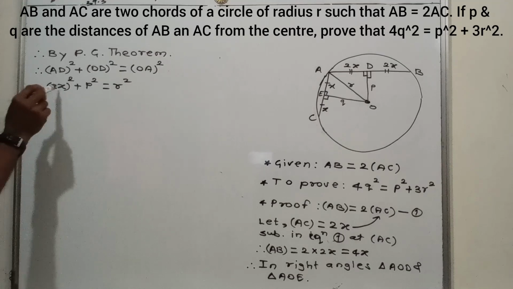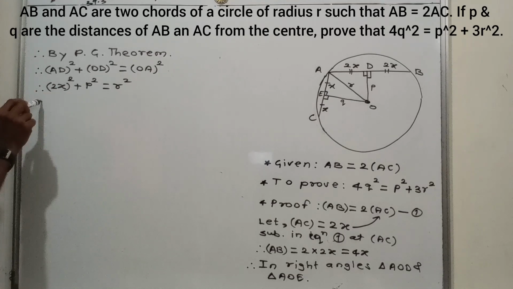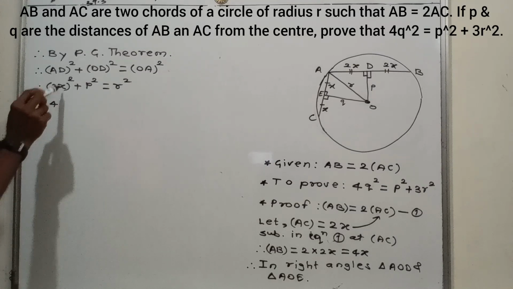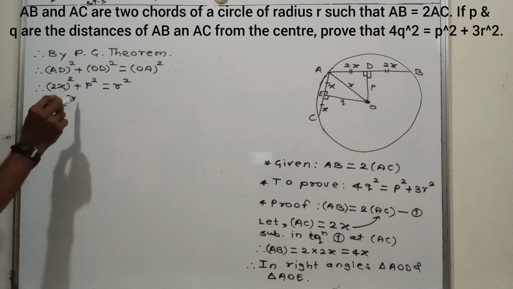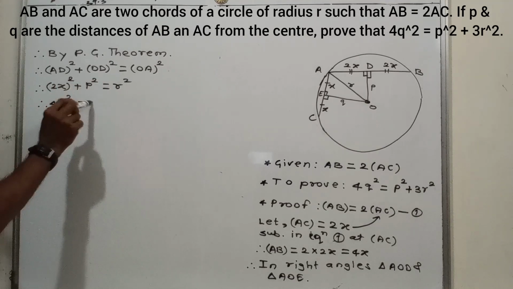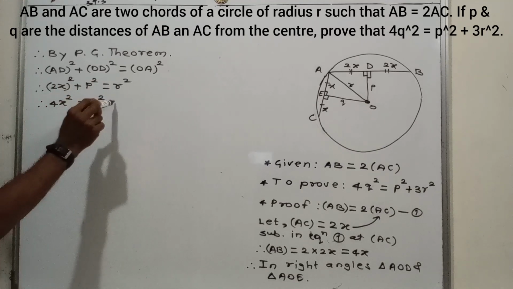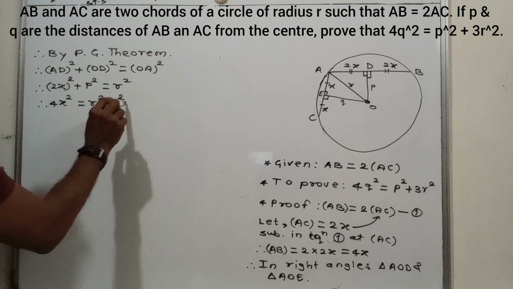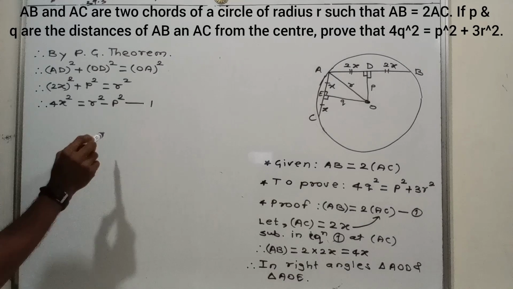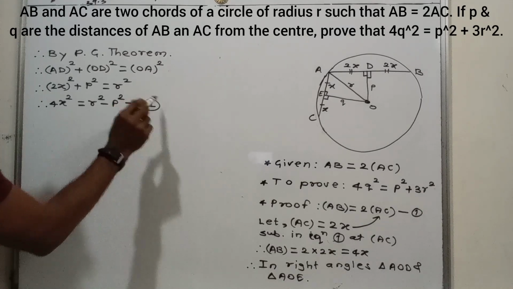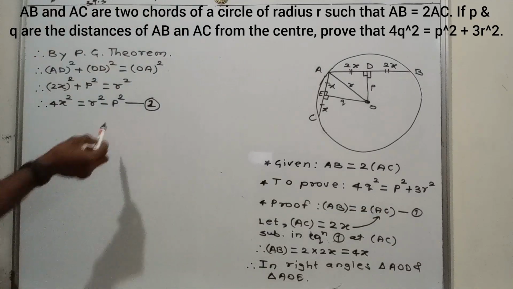Now we have two terms, 2 and x, so we square separately: 2 square is 4, x square. Now P square we take to the right side: R square minus P square. Did you get it? This is our equation number 2.